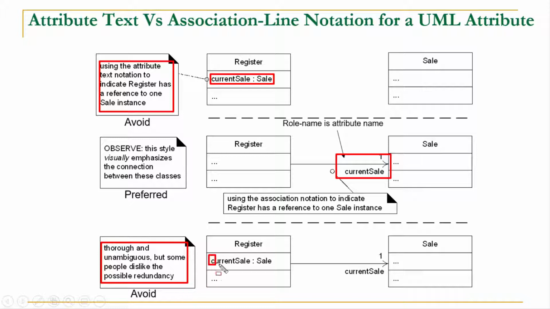In this case, I'm using the attribute text along with the association line. So it shows that register is associated with the sale class as the attribute text plus on the association line as well. Out of these three methods, the most recommended approach is this one.